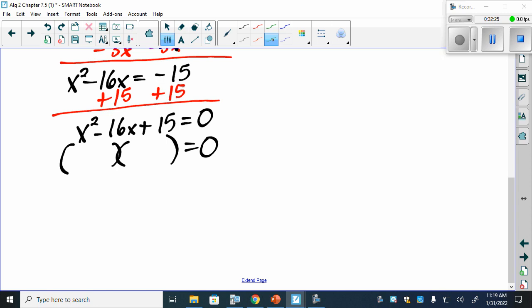Since the 15 is positive, the signs are the same and they match the sign of the middle term, which is negative, so negative and negative. Now the factors of x squared are x and x. Now we need to look at the factors of 15. So we have 1 and 15, 3 and 5. Which one would we want to use? 1 and 15. And it does work out that these here, x minus 1 and x minus 15, are the factors of x squared minus 16x plus 15. And we get to this here.